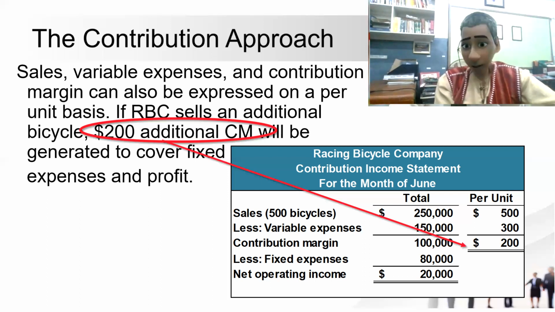Okay. As you can see on the table, there are 500 bicycles. So 500 less variable expenses, that is 300. So therefore, $200 is still there to cover the fixed expenses. And after covering fixed expenses, we will be having our net income, if and only if our contribution margin is bigger than the fixed expenses.